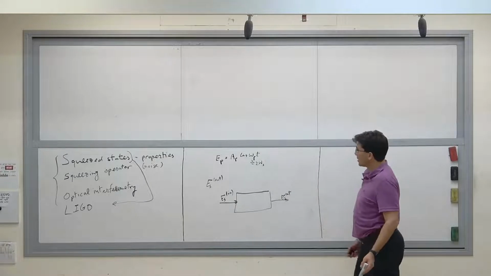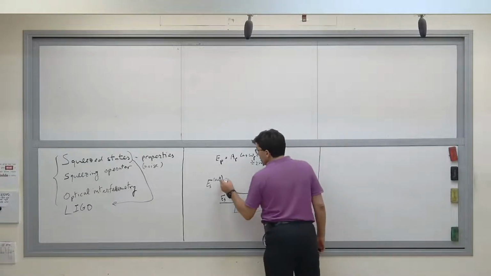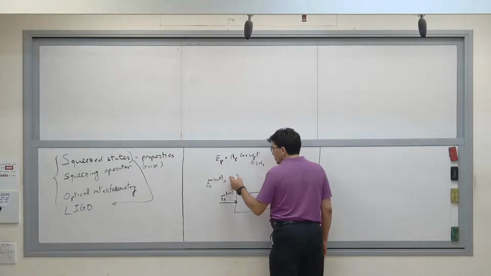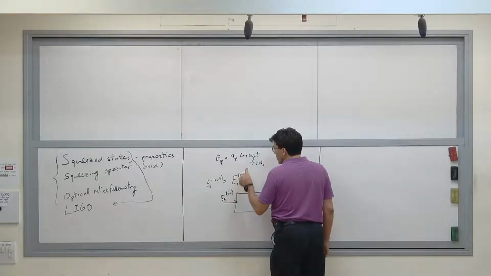What needs to happen is that it will be the sum of itself times a number that is close to 1, alpha, plus beta, something small, times the pump.